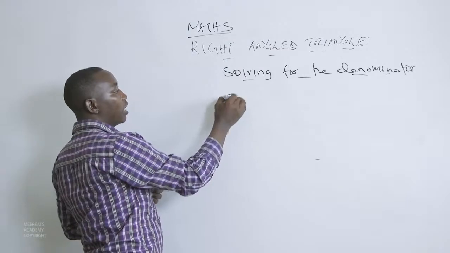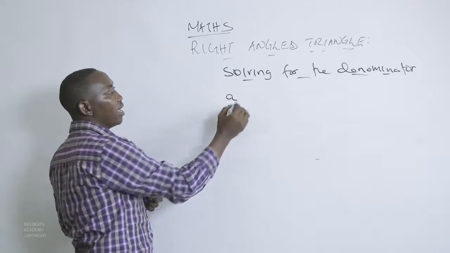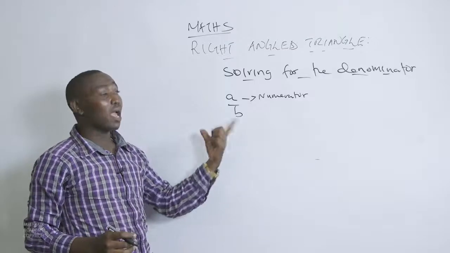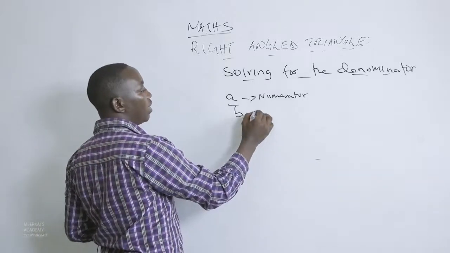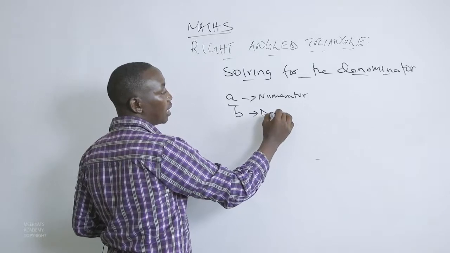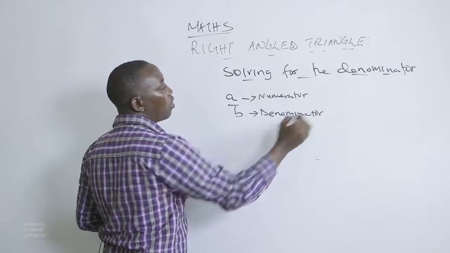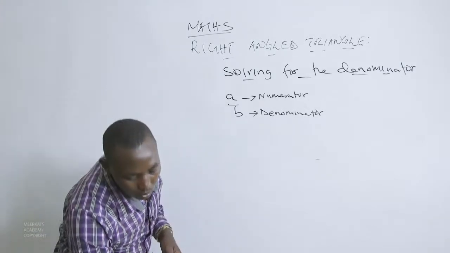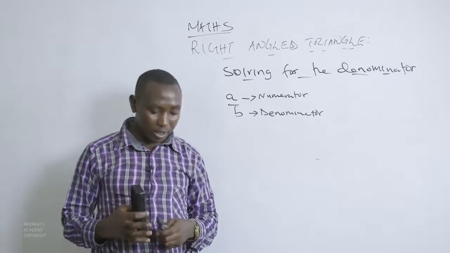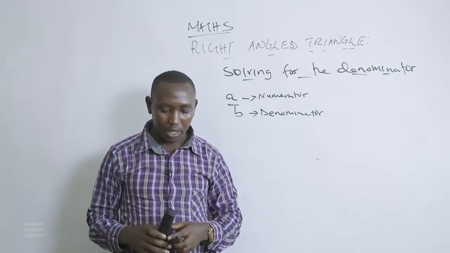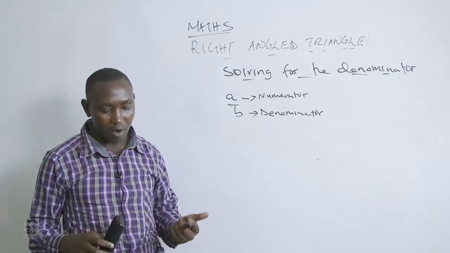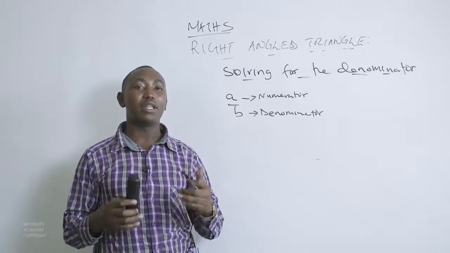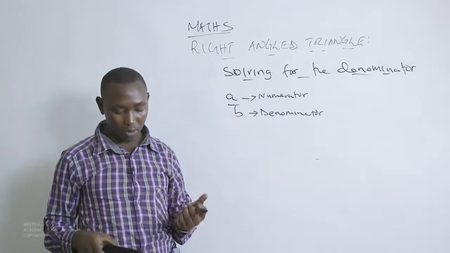Now, if you're given any fraction a over b, a is normally referred to as the numerator of this fraction, and b is referred to as the denominator of that particular fraction in question. We are going to use the right angles and the trigonometric ratios to find the third side, or the denominator, or the pronumeral, or the unknown term in a given function or equation.